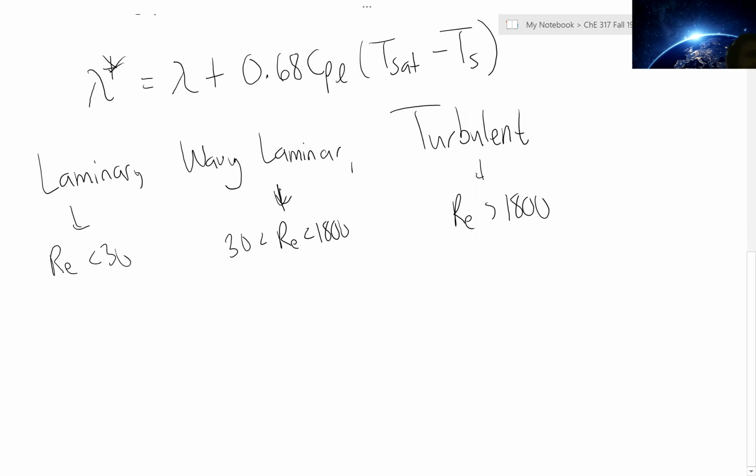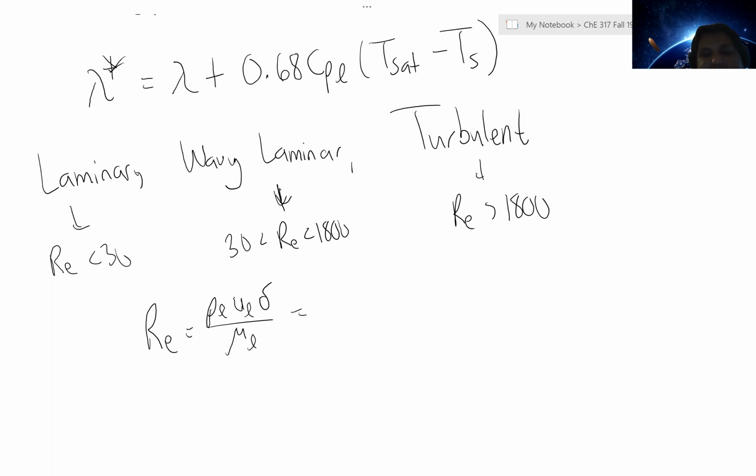And so from this, we had a few expressions, keeping in mind that if we know the thickness of that film layer, we can calculate our Reynolds number as the density of the liquid, the velocity of the liquid as it flows, times our thickness over our viscosity.